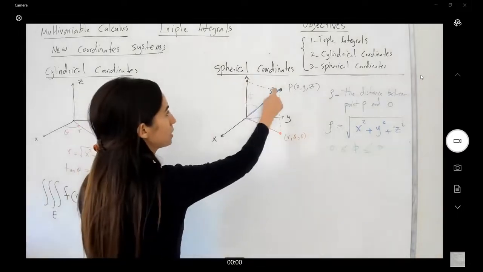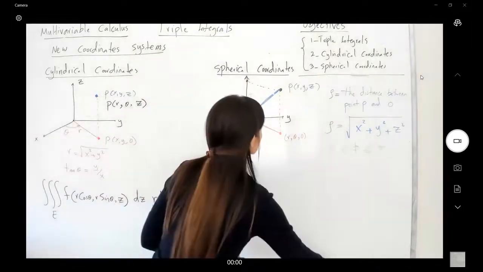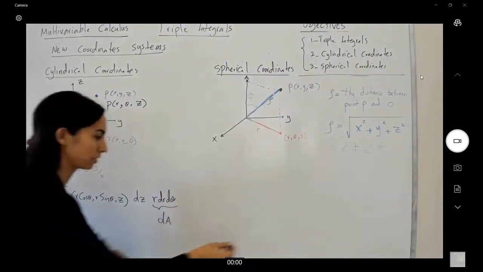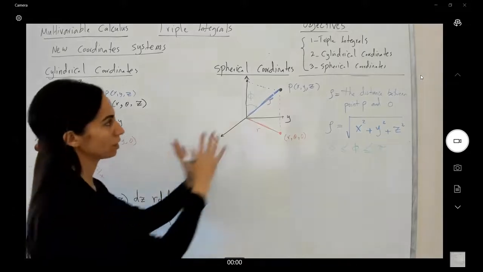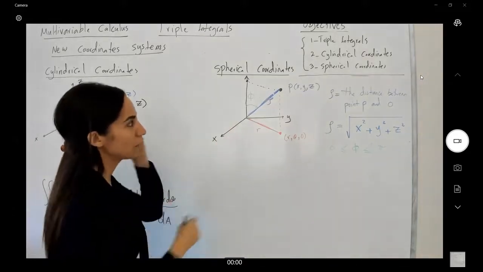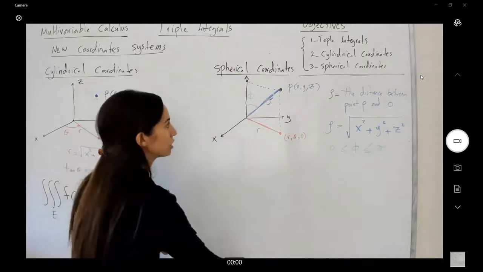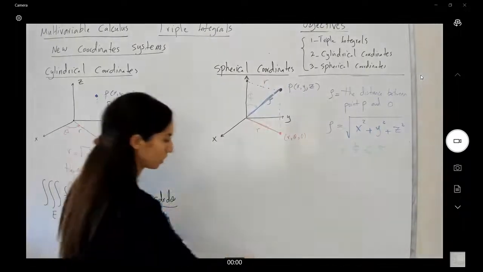Here we go. What is this distance? Let's see what we have here. First of all, these two line segments are the same, so you're repeating r here. This is your r.